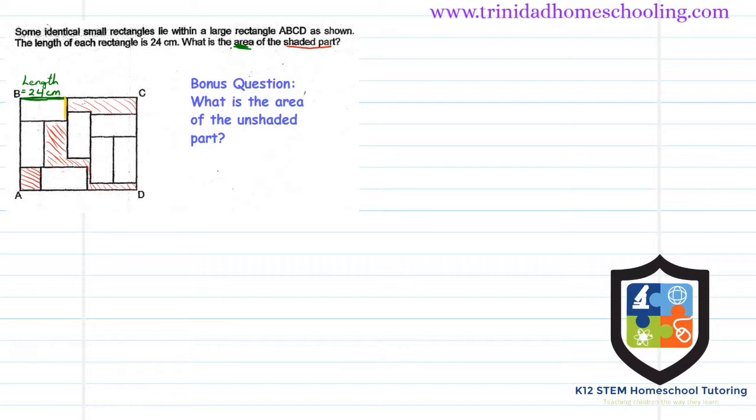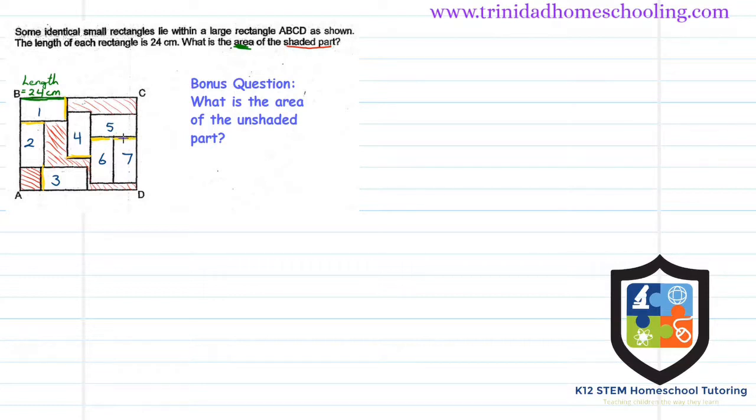So we have 1, 2, 3, 4, 5, 6, 7 similar rectangles. Let's look at all the widths. We have this width here, this width here, this width here, and we have the width of 6 and the width of 7.